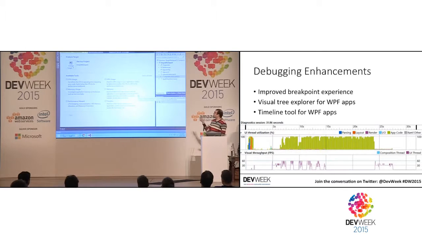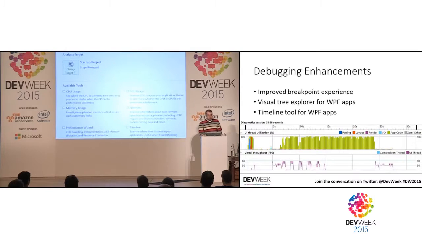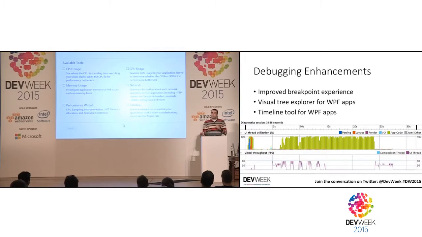It's a screen that looks like that. Essentially, you tell this window what your analysis target is, in this case, my startup project, Stupid Notepad, and then it tells you which tools are available to do all kinds of diagnostics on this application. And in our case, it's going to be the timeline tool, which helps troubleshoot responsiveness issues.